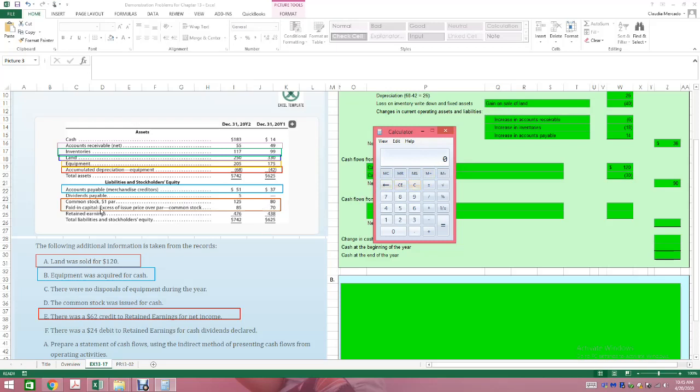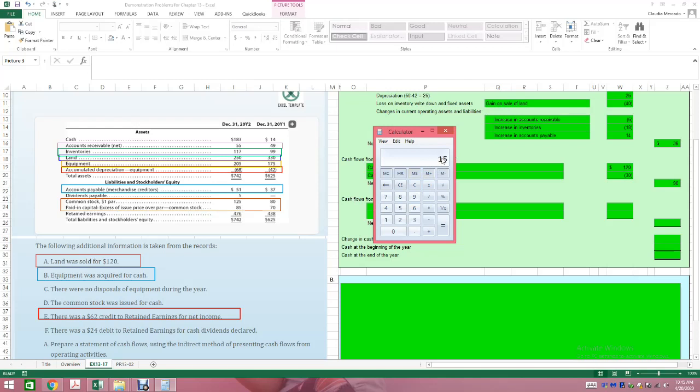Now let's look at our paid in capital, excess of issue price over par for our common stock. My beginning balance was 70, my ending balance was 85. So 85 minus 70 means that my paid in capital account increased by 15. Let's jot that number down.